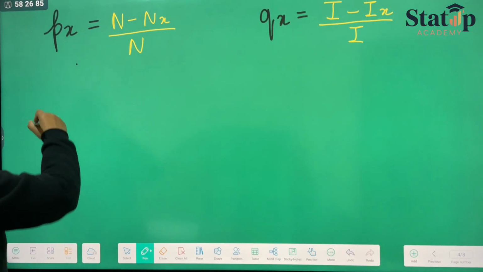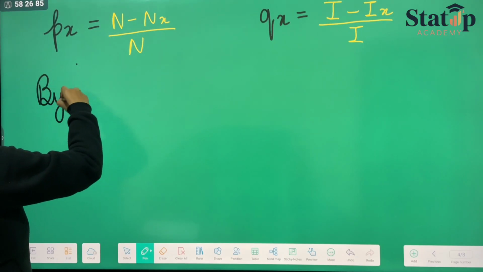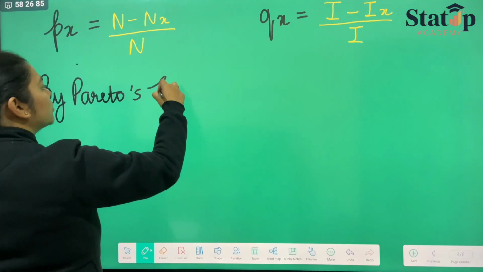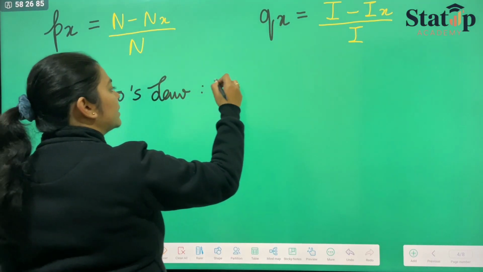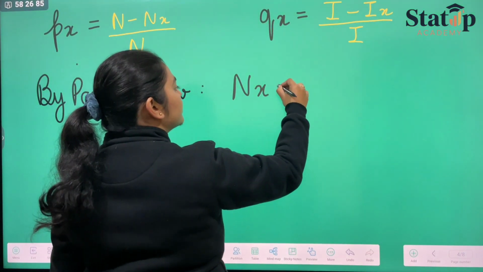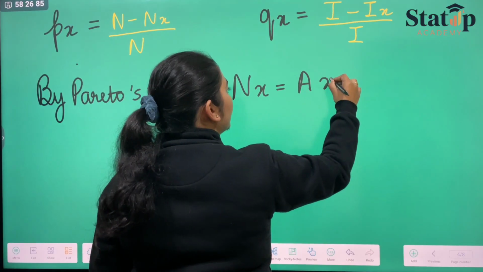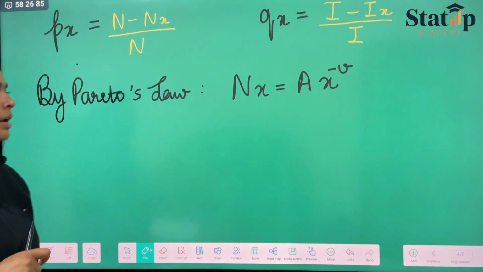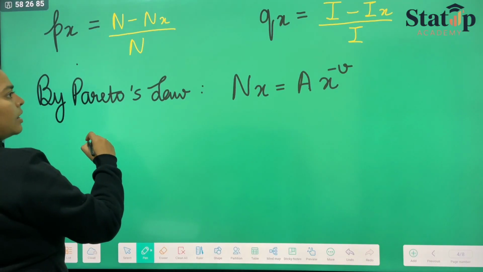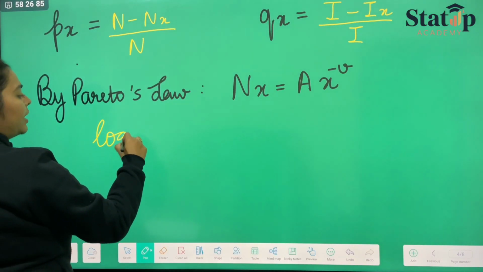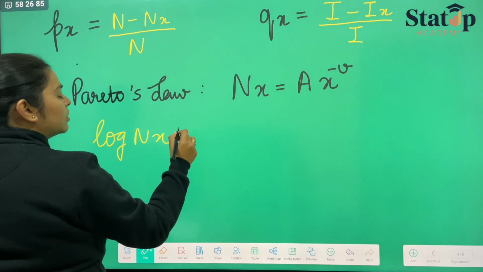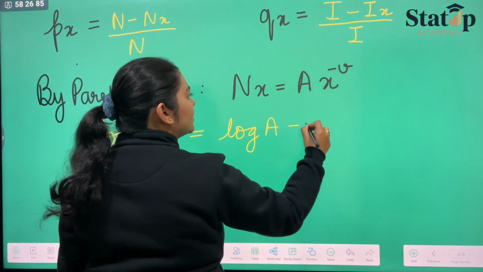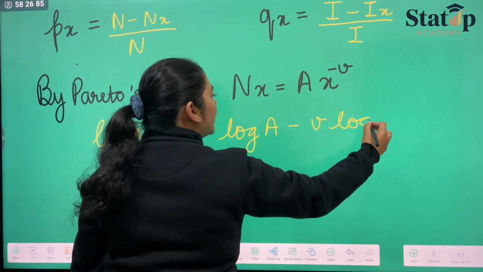Now we know that Pareto's law stated that Nx is nothing but a into x raised to the power minus v. We all know this. Now taking log on both sides, we get log of Nx equals log of a minus v log of x.